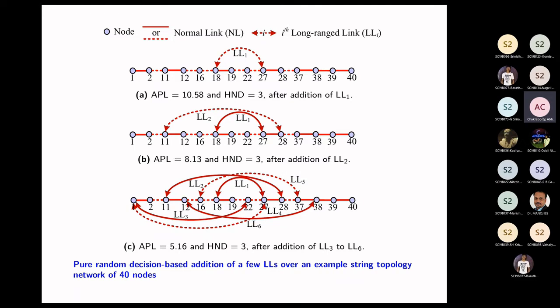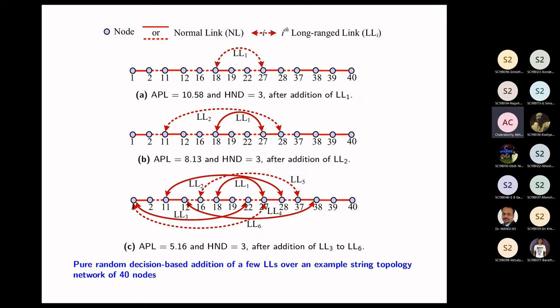Since all nodes are picked randomly, there is no clear identification of a particular node or a clear region. That's why we are just identifying two nodes and simply adding a link if they are not already connected.